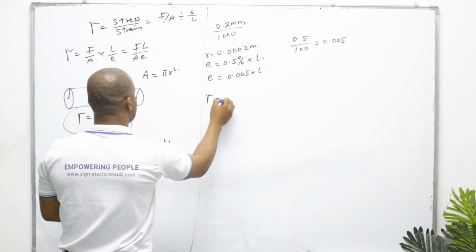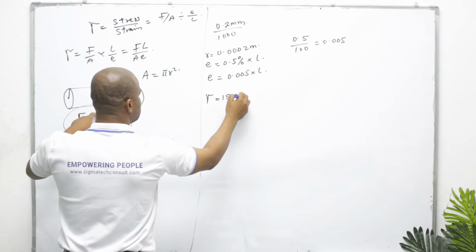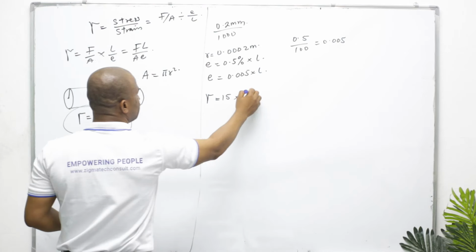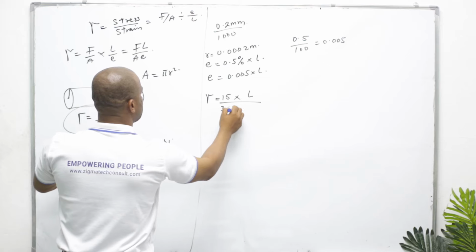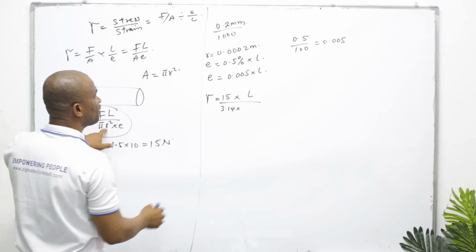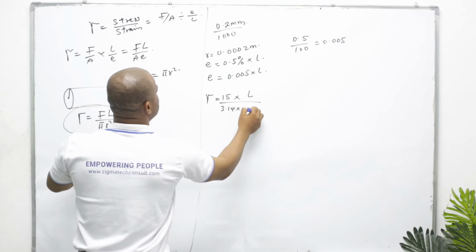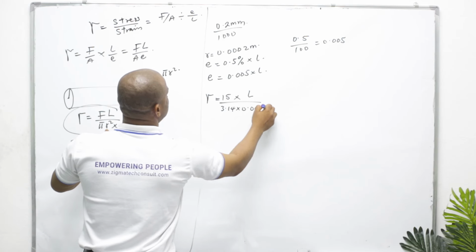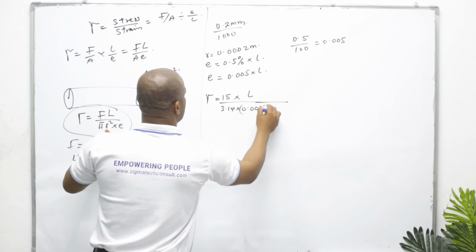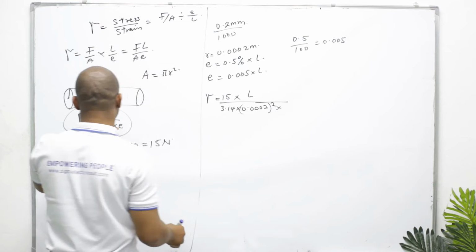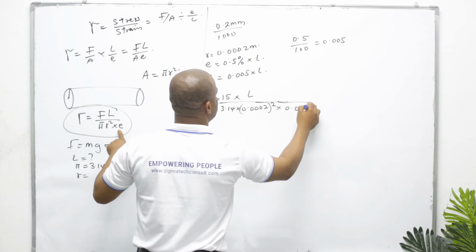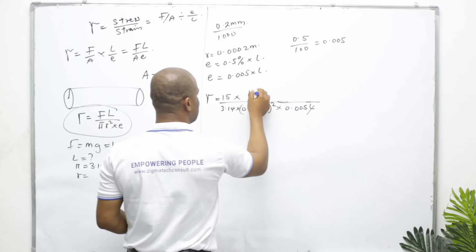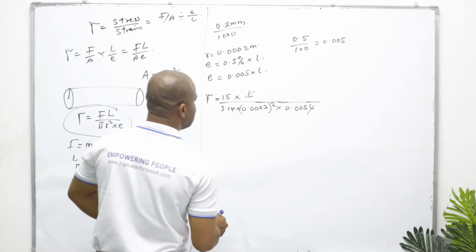Then we say that Young modulus is F, which is 15 times L, I do not know the length, all over pi, 3.14, times r, 0.0002 all squared, times E, 0.005 L. L, we cancel L, right?